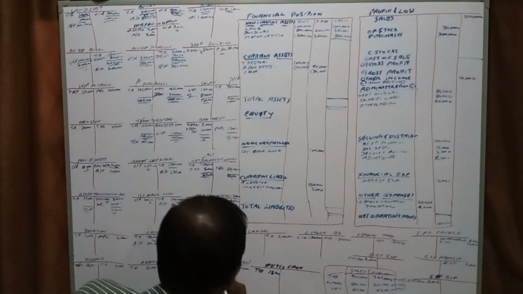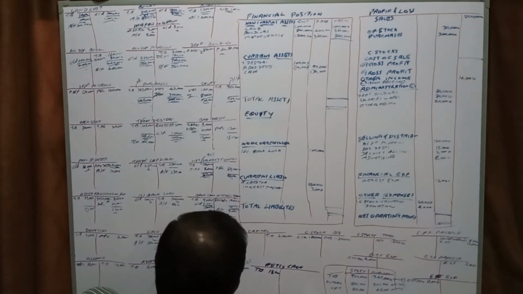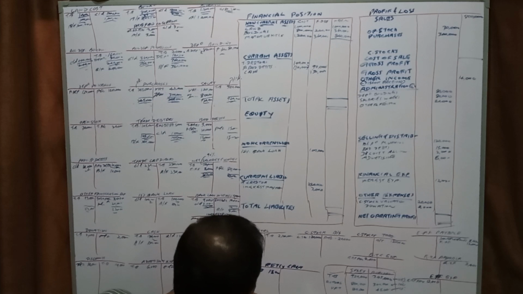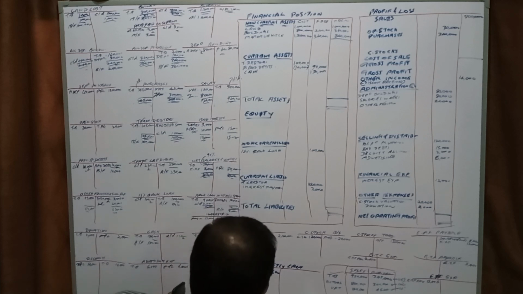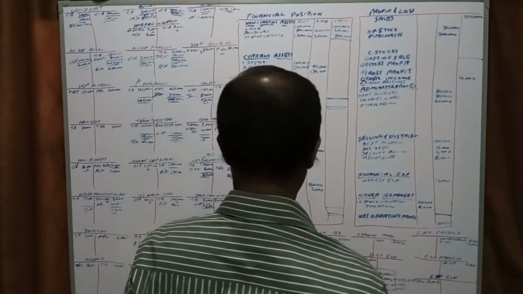VAT payable. How much? 120,000 carried down, brought forward 70,000, and 50,000 is VAT payable. 50,000 is VAT payable, right?